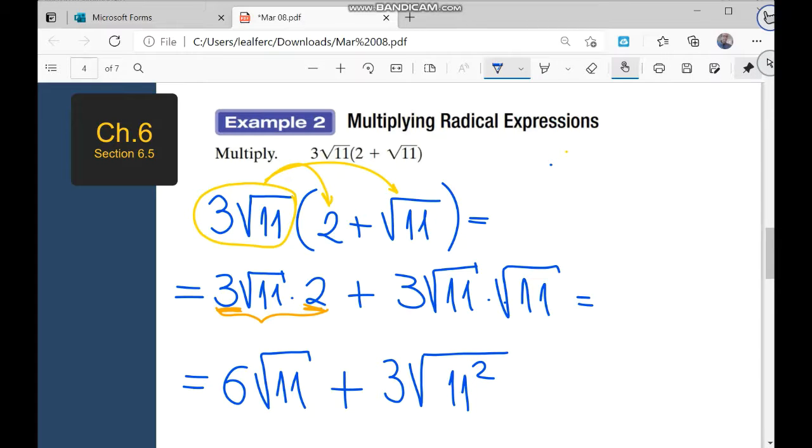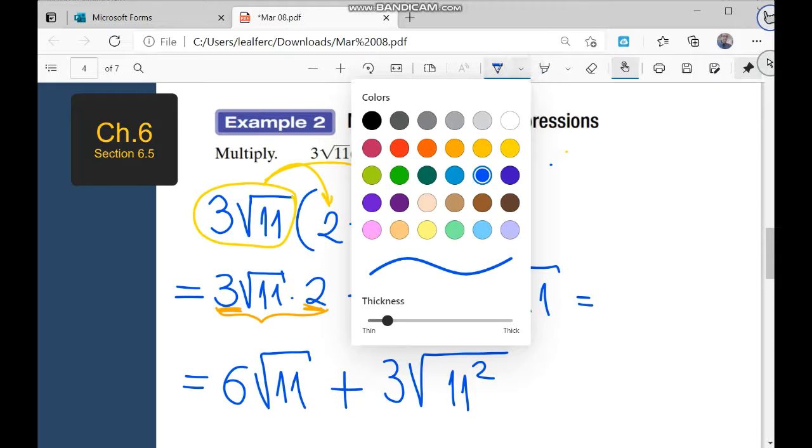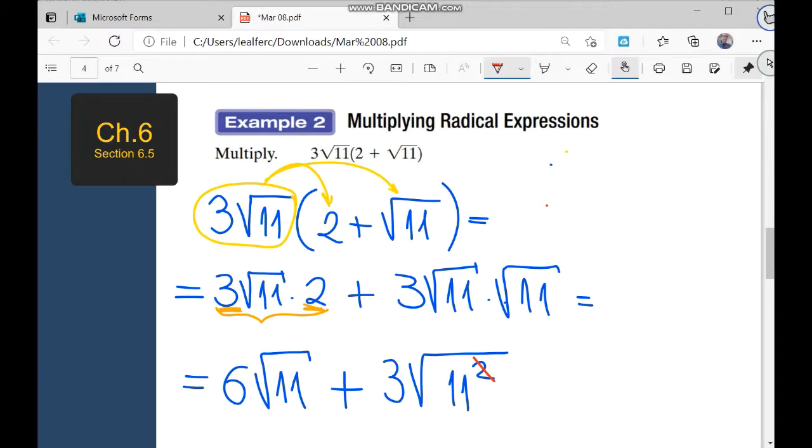11 times 11 is 11 squared. Remember, this is possible to simplify. This is a square root, we can simplify. This equals 6 square root of 11. Let me write here all the steps so you understand what you're doing. 3 times, and this is 11.